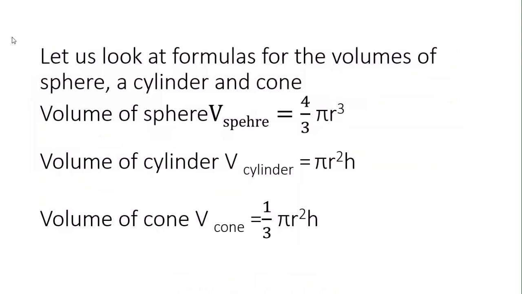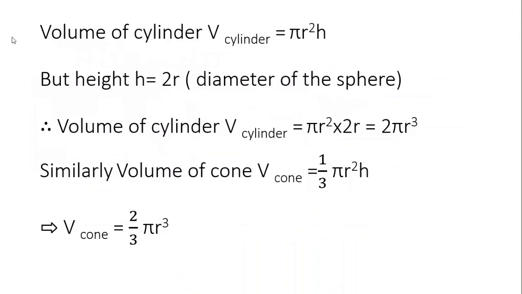Here what is given? The height of the cylinder as well as the height of the cone, both are same. Now, the formula for the volume of the cylinder is pi r square h, where r is the radius of the cylinder.